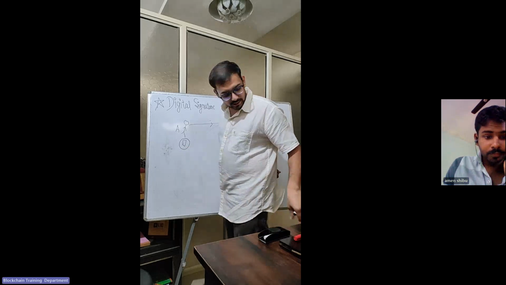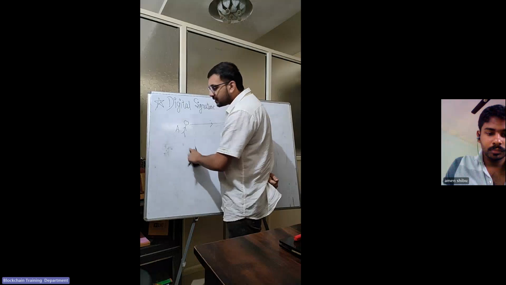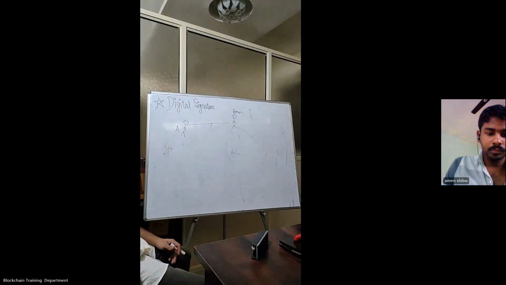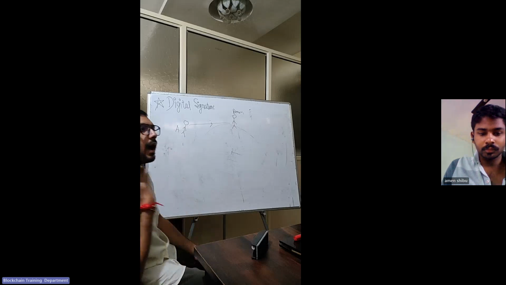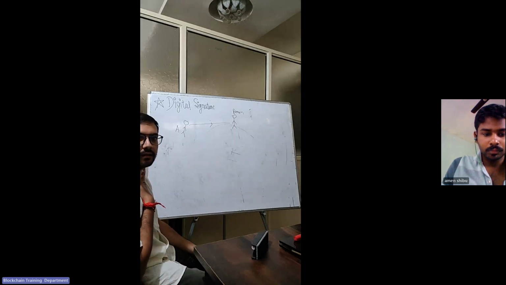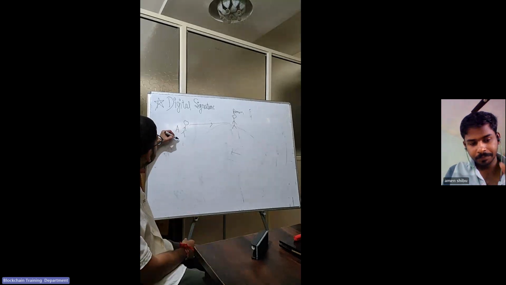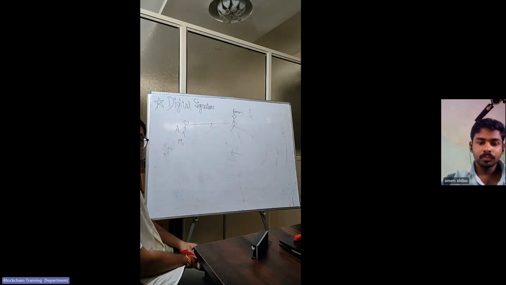I'll not call it a message because you'll get confused. The message is, "Hey, I am A. I am the original A." Suppose he has to send this initial message to make Amin know that he is A.